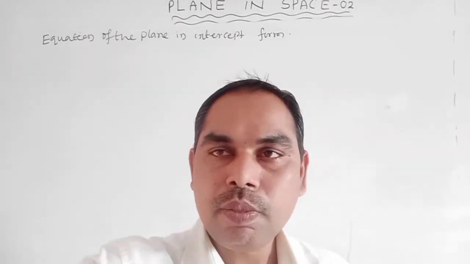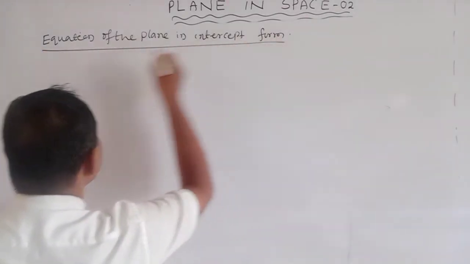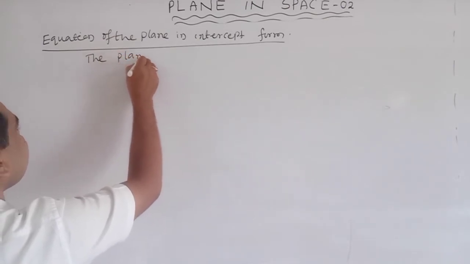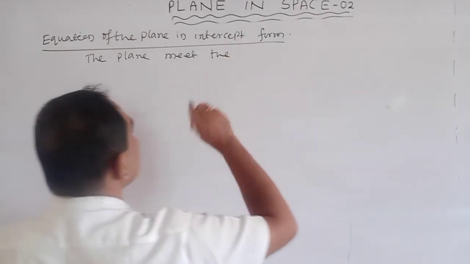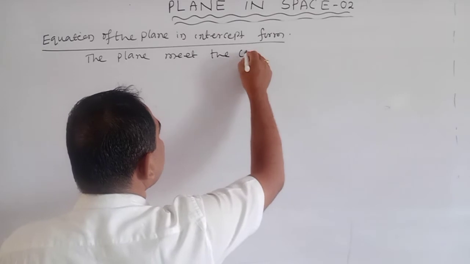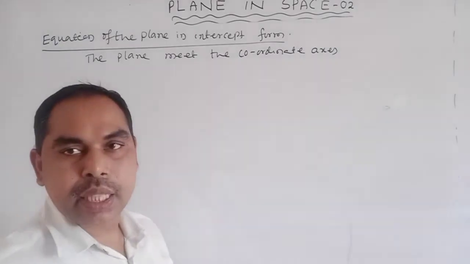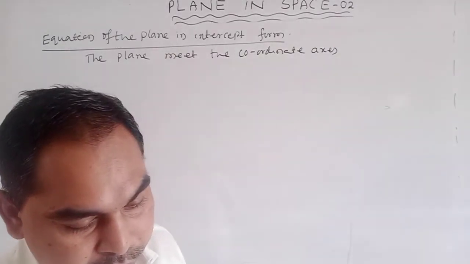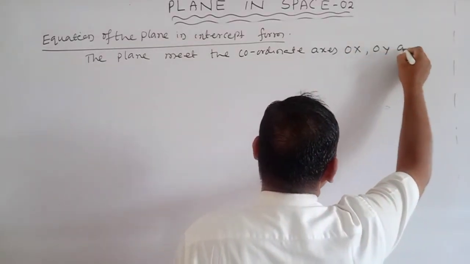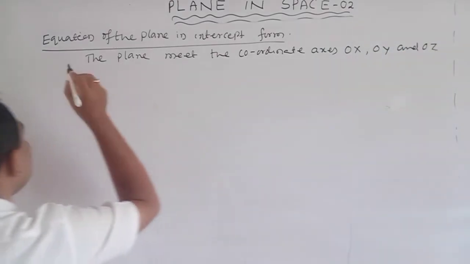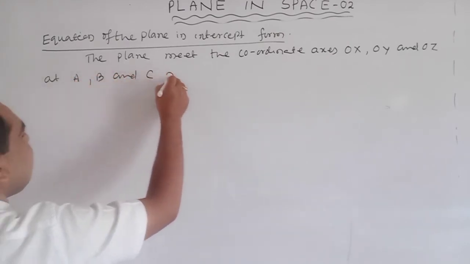Okay, the plane meets the coordinate axes OX, OY and OZ at capital A, capital B and capital C respectively.